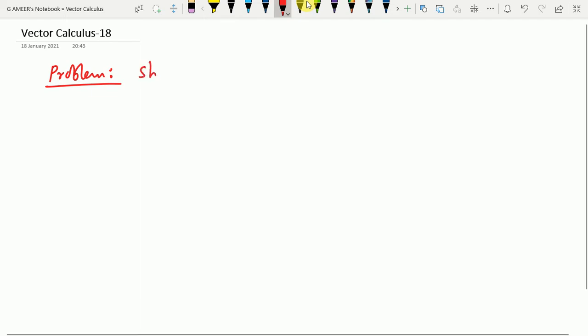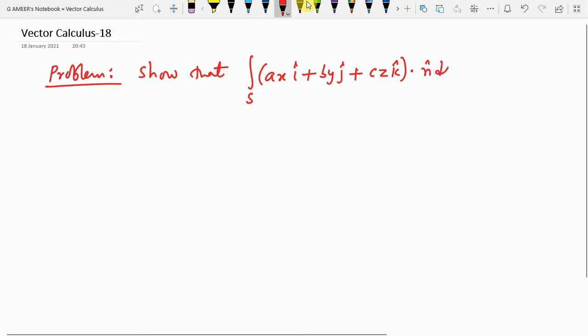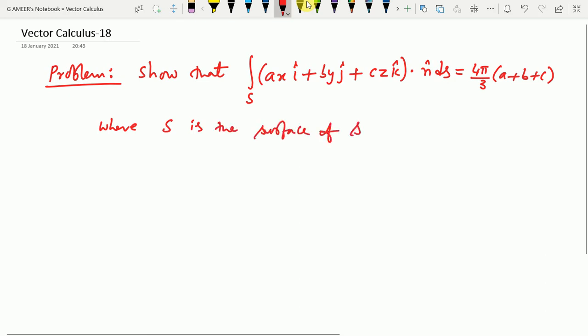Show that the surface integration of the vector function axi plus byj plus czk, the vector field they have given, dotted with n cap ds is equal to 4 pi by 3 into (a plus b plus c), where S is the surface of the sphere whose equation is x square plus y square plus z square is equal to 1.